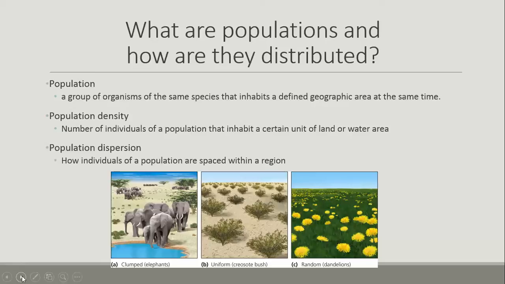Third, living in groups can help protect some individuals from predators. And fourth, living in packs gives some predator species a better chance of getting a meal. So if you think about a pride of lions, a lion on its own is less likely to get a meal than a pack or a pride of lions because those lions can hunt together.